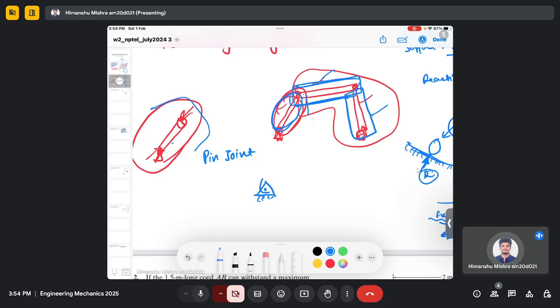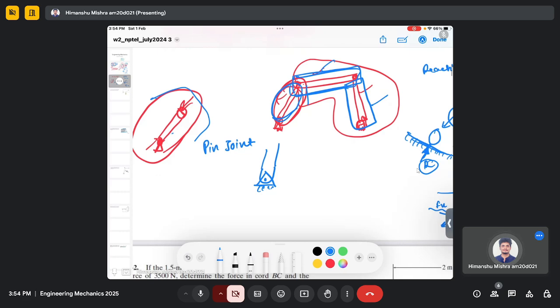So this can be your pin joint, which you might have seen in trusses problems. So what happens here? This member can rotate, but it cannot translate in any direction. It cannot translate in x direction, it cannot translate in y direction, but it can rotate either in clockwise direction or in anti-clockwise direction.